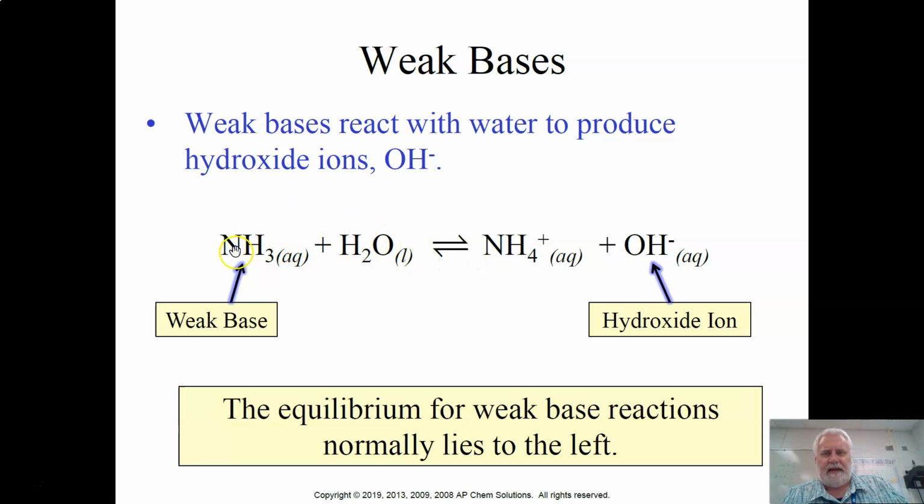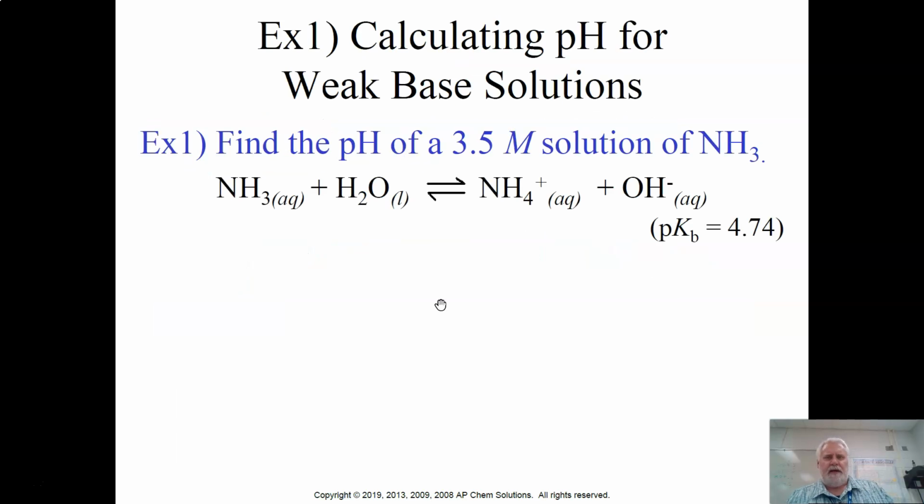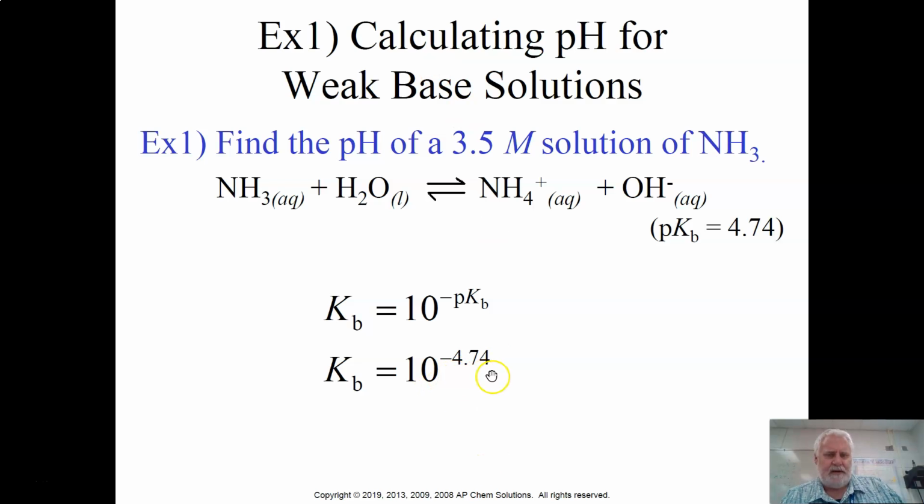So you got a lot of it just wants to kind of stay this way and not drive the forward reaction. So now this says find the pH of a 3.5 molar NH3 solution given this pKb value. And I think you should be able to certainly get started with this. So we're going to work this through as a Kb problem instead, but the concepts are the same.